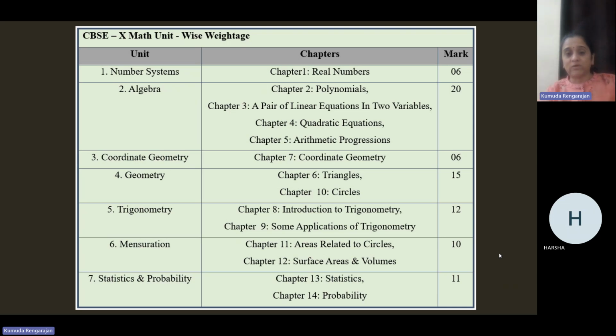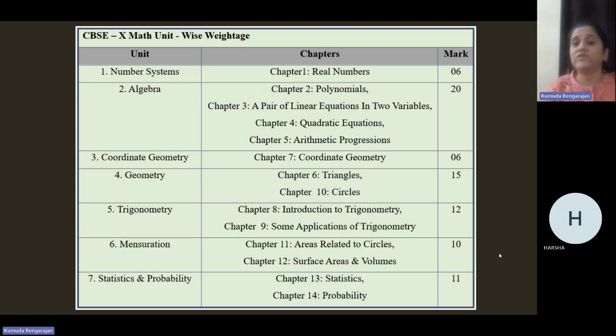Then we have a pair of linear equations in two variables. In ninth standard, the chapter was linear equations. We studied one linear equation in two variables x and y.